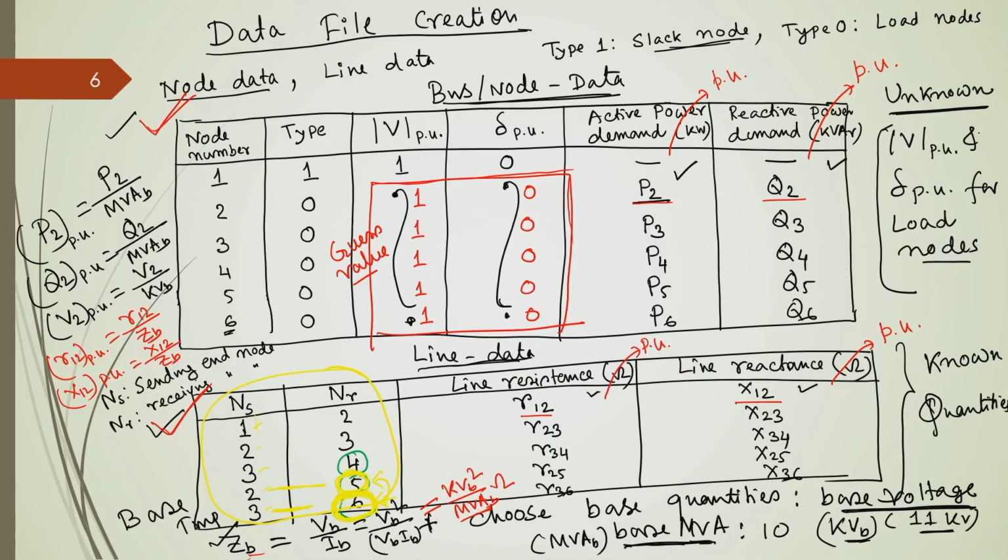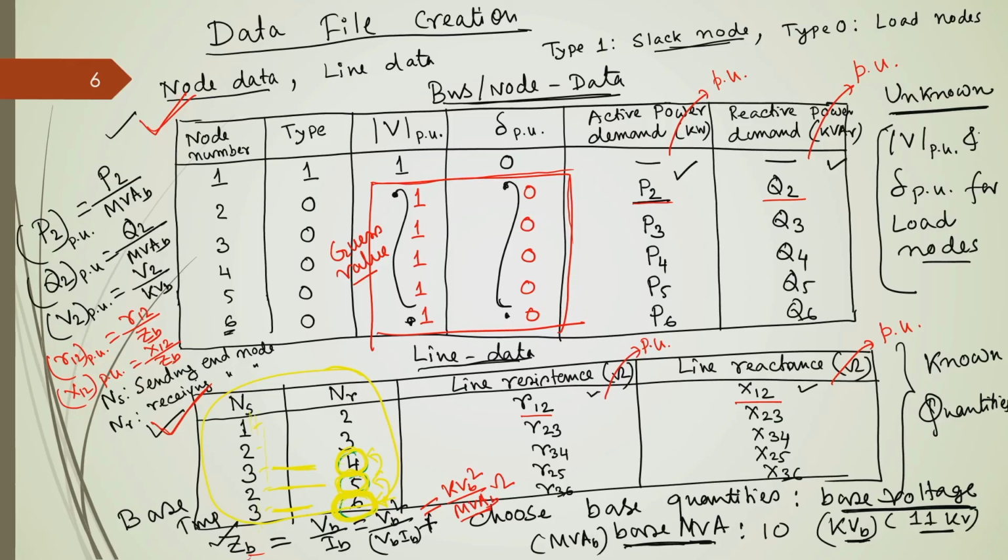Then go to the next stage, that is line 3 to 4, where again node 4 is a terminal node because it does not appear at the sending end. Any node which does not appear at the sending end is a terminal node. So the line current I 3 4 is equal to the load current of node 4.